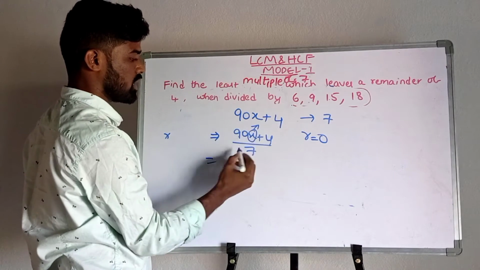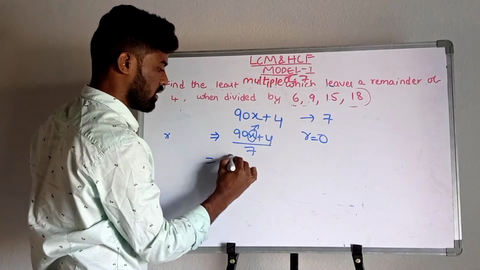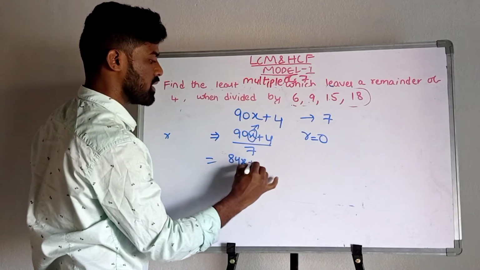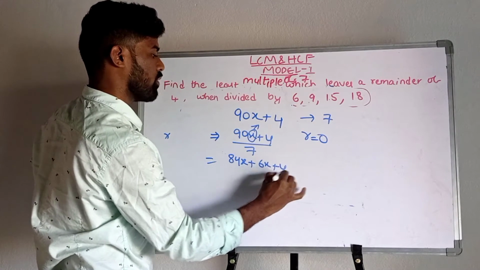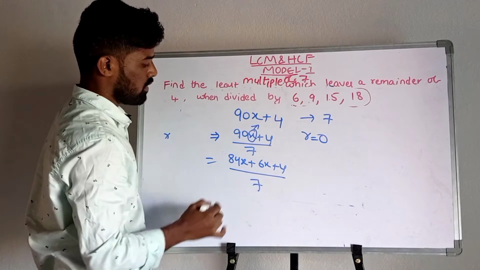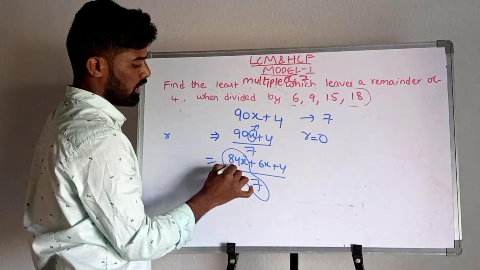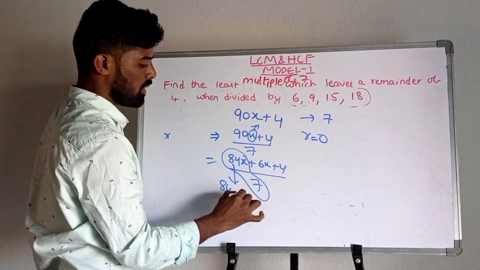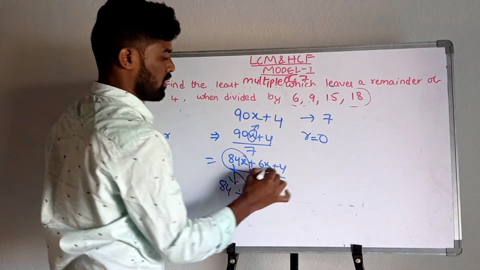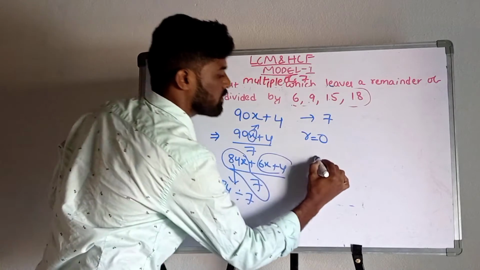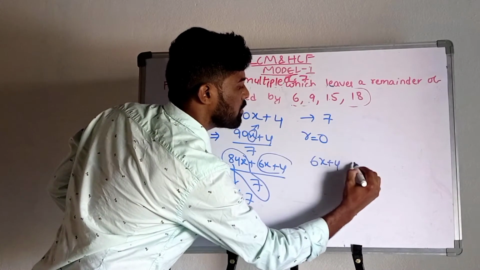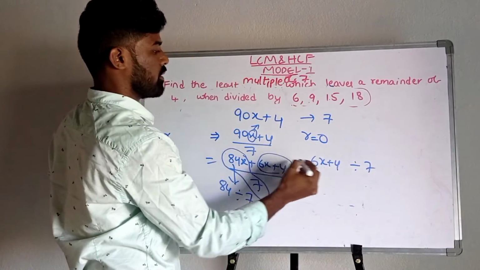First we write 90x as a product of 7: 84x plus 6x plus 4, divided by 7. Whatever the value of x, 84x is completely divisible by 7. Now we have to find the value of x for which 6x plus 4 is completely divisible by 7.